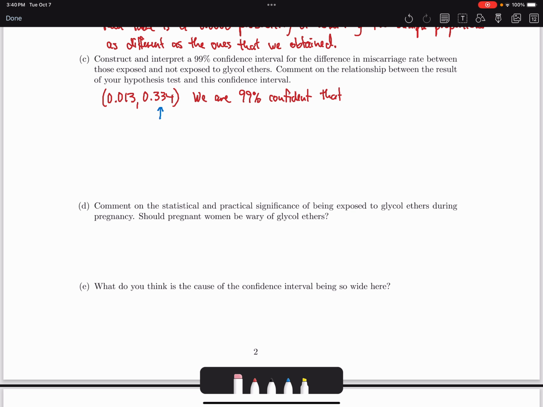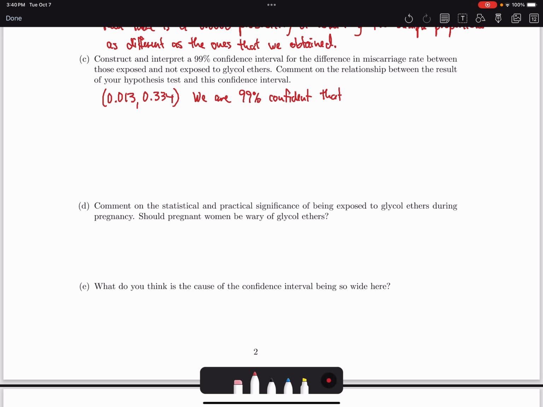Another way to phrase that is to say that we're 99% confident that the miscarriage rate is somewhere between 1.3% and 33.4% higher for those exposed to glycol ethers. So that's the way that I'll phrase it.